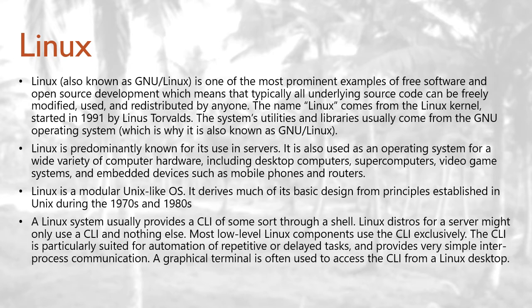Most low-level Linux components use CLI exclusively. The CLI is well suited for automation of repetitive or delayed tasks and provides very simple inter-process communication. A graphical terminal is often used to access the CLI from a Linux desktop.